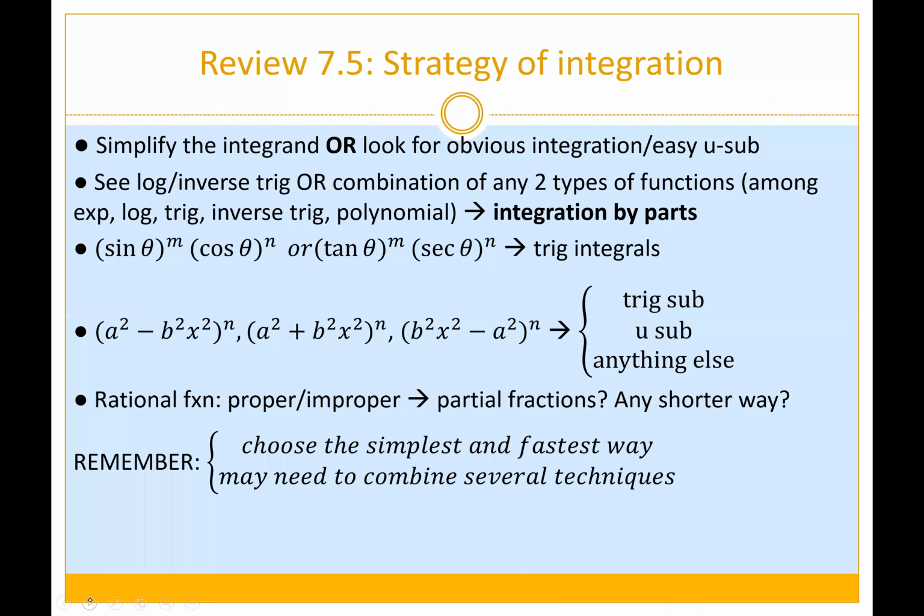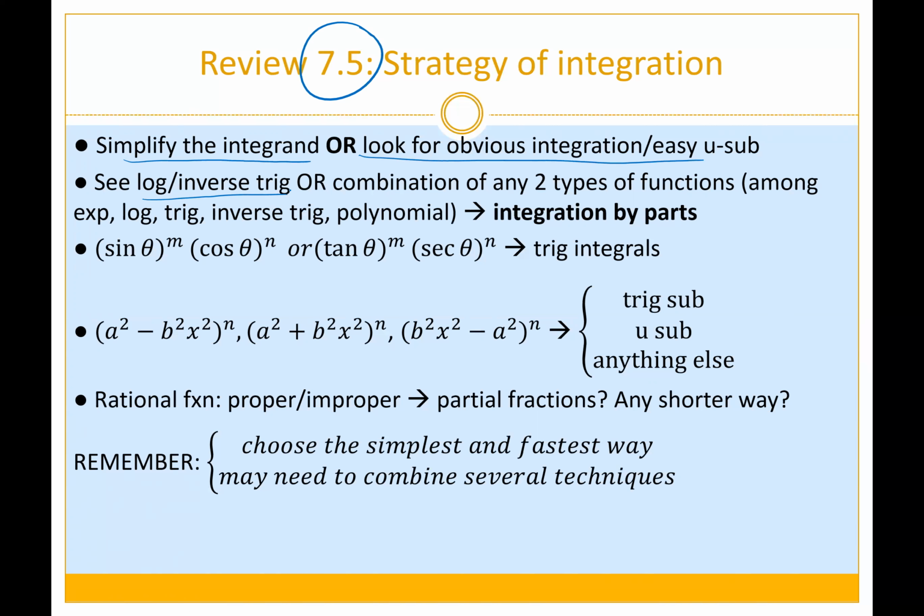So 7.5 is where we put everything together, like a general strategy for integration. And so the first step is simplifying the integrand. Whatever integral you're given, look for something obvious or an easy u-sub to solve it. And then you use the log, inverse trick.